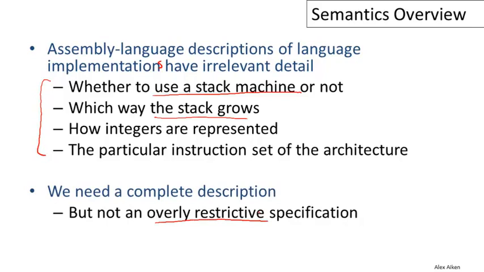And when people have not tried to find some relatively high-level way of describing the behavior of languages, they've inevitably gotten into the situation where people just have to go and run the program on a reference implementation in order to decide what it does.